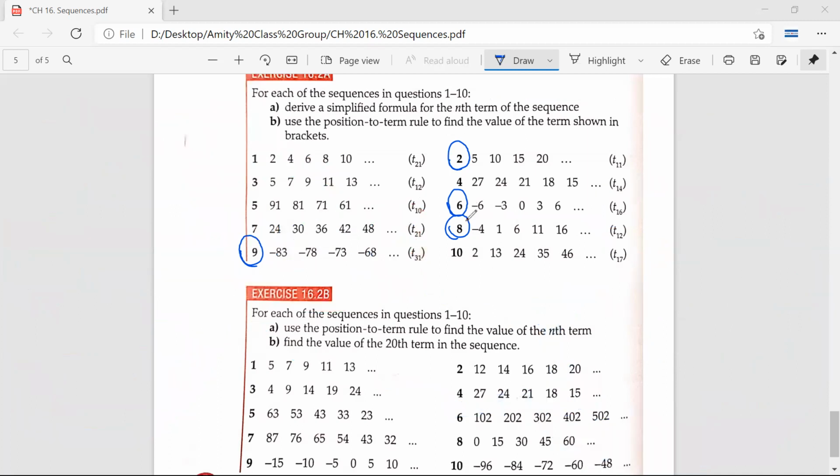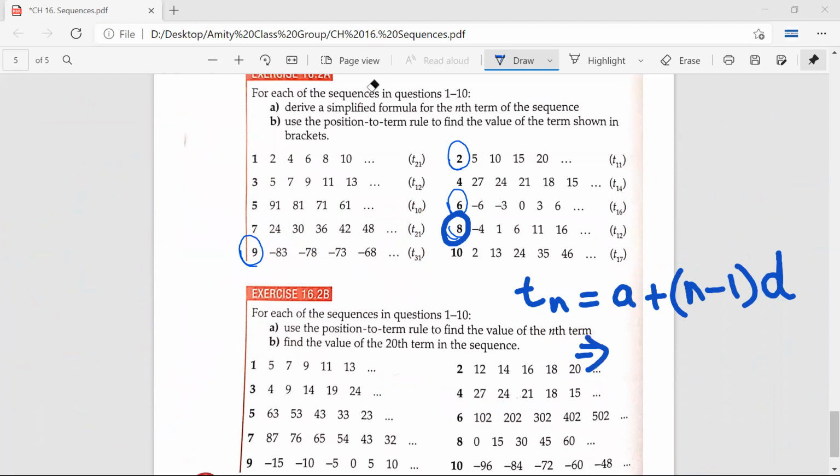Okay. Swamiji, question number 8. How do I find Tn? To find the Tn, our term 1 is minus 4. So minus 4 plus bracket n minus 1. What is my D?